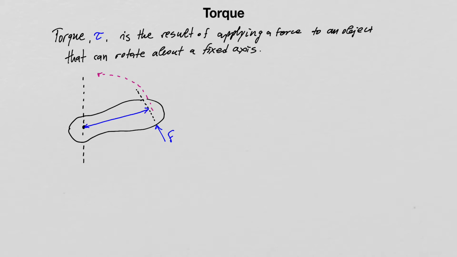If I call this distance r, then the torque generated by the application of that force F will be equal to the product of the force and the distance r. So the torque tau is equal to the product of the force and the distance from where the force was applied on the object to the axis of rotation.